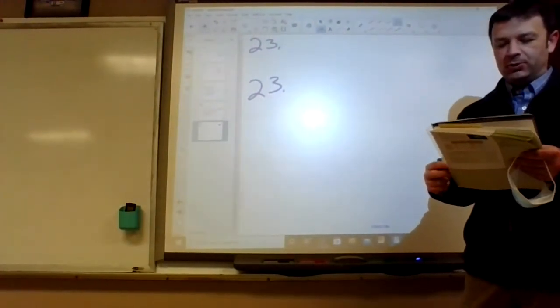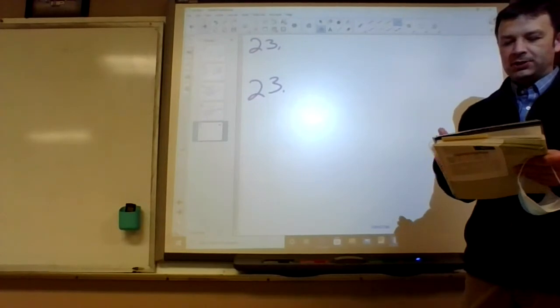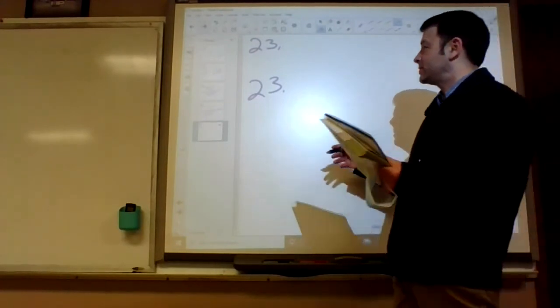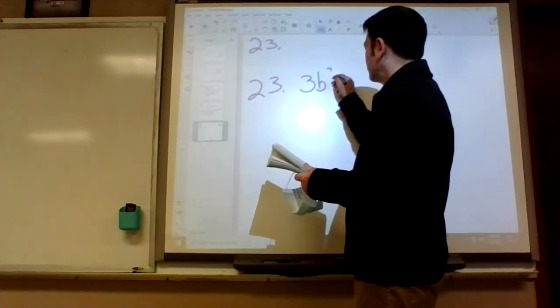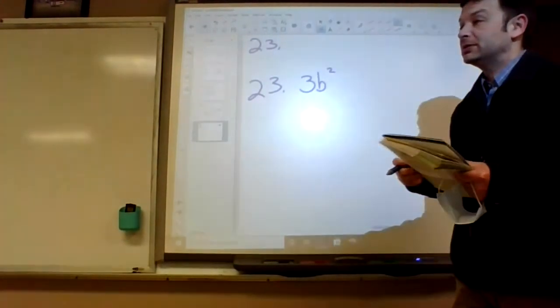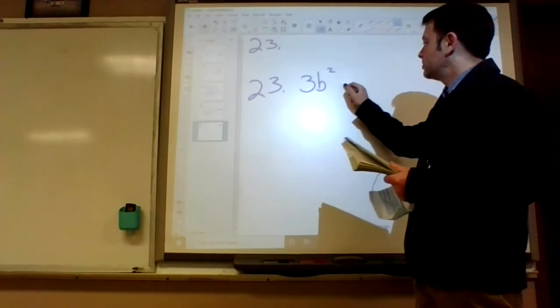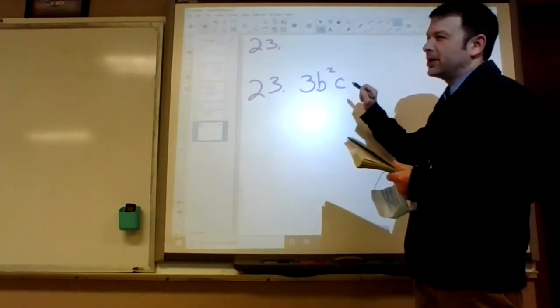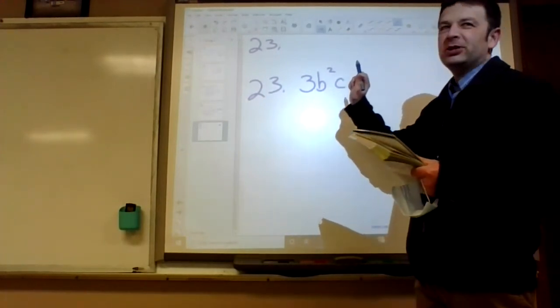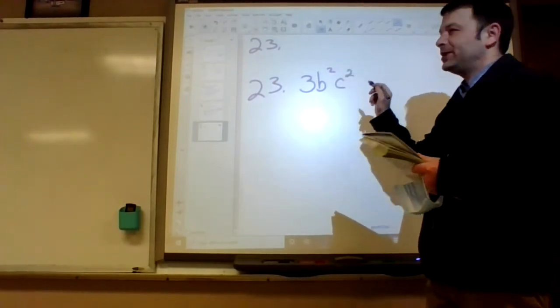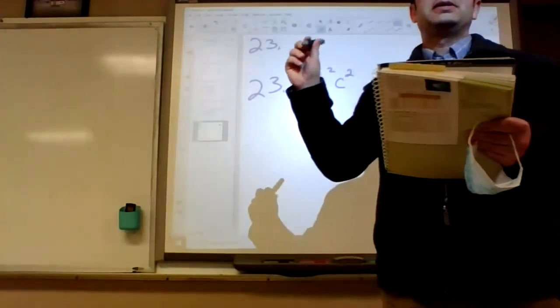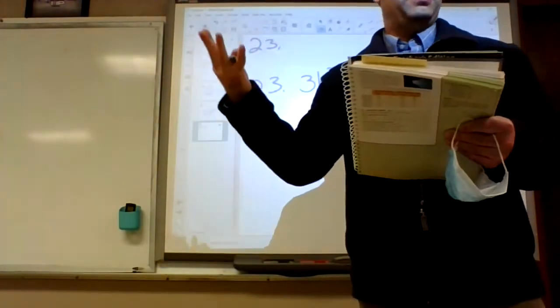Emily, on 23, what is the first term? 3b squared cc. What does that simplify to? Well, what's c times c? C squared. C times c is c squared. That's the definition of squared, right?